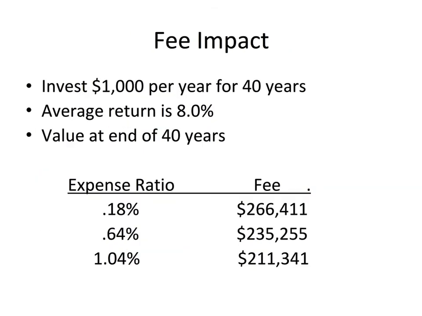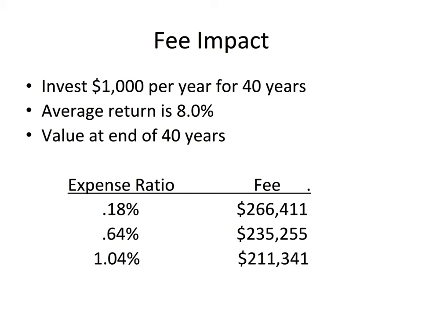Fees can have a large impact on the end result of a mutual fund, and this just gives an example. Let's take a case where an investor will invest $1,000 per year for 40 years. This would be, for example, you go out of college today, start investing $1,000 per year for the next 40 years, planning on retiring in your early to late 60s, and you invest in a fund that has an average return of 8%.